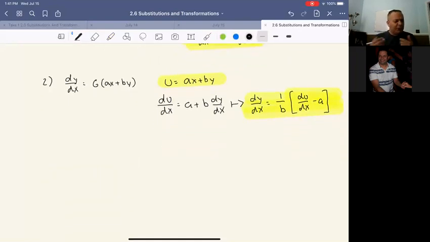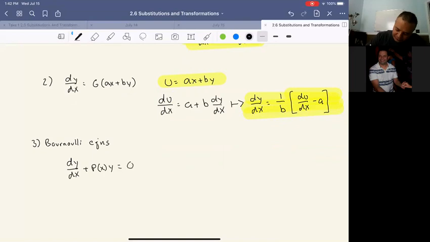Next type of equation we're going to deal with are called Bernoulli equations. Bernoulli equations are of the form dy/dx plus p of x times y equals q of x times y to the r.